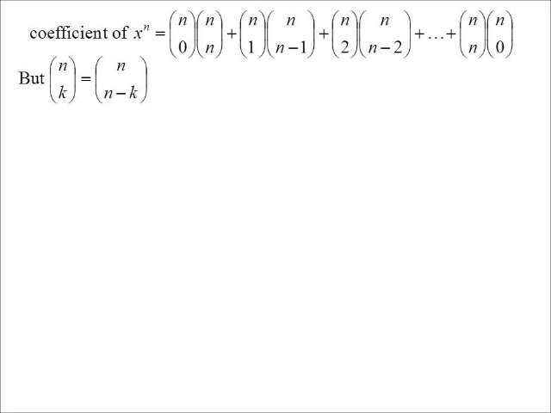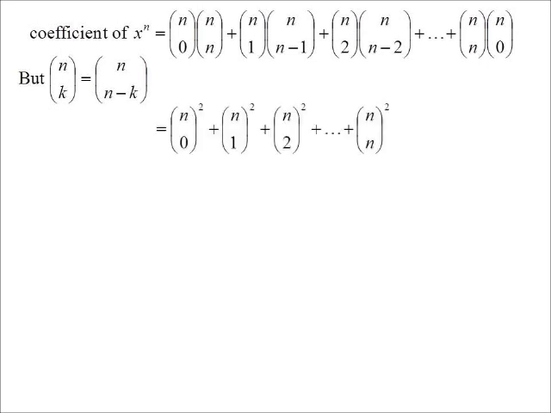So nC0 and nCn are equal. nC1 and nC(n minus 1) are equal, and so on all the way down. So I could rewrite that as nC0 squared plus nC1 squared plus nC2 squared up to nCn squared, which is the left-hand side of what we're trying to prove.